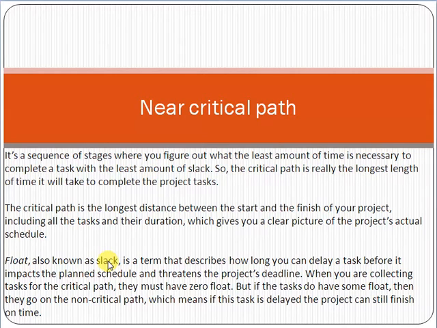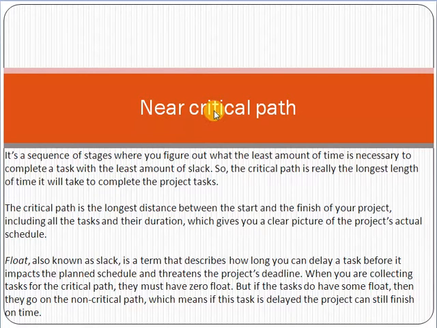So let's start. Near critical path method. Just see these three words: near critical path. These terms tell you that it is near to the critical path. It means the term you are referring to is basically near to the critical path.